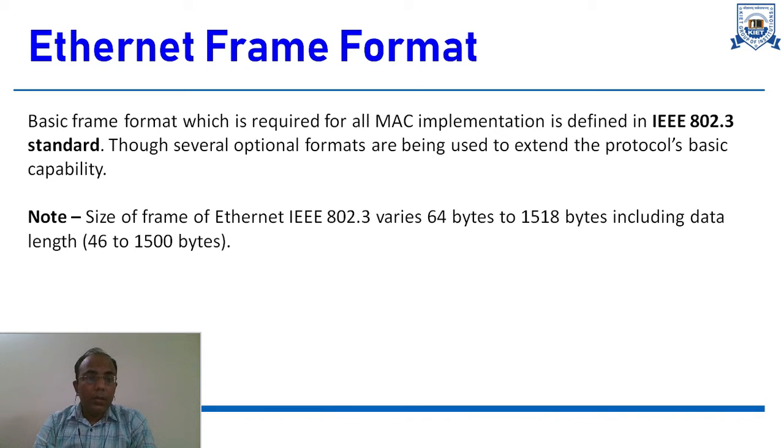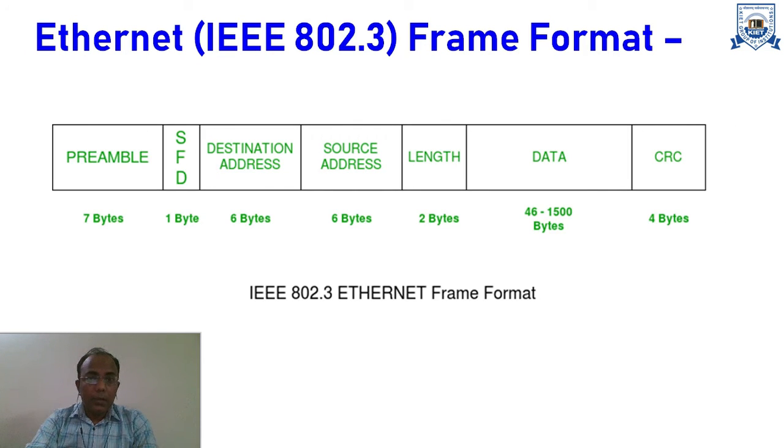Note, the size of the frame for Ethernet, that is IEEE 802.3, varies from 64 bytes to 1518 bytes, including the data length of 46 bytes to 1500 bytes. In this diagram, we can see the format of our Ethernet frame.